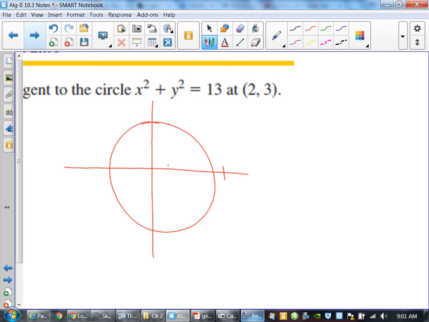So there's 3, 2, 1. Everybody okay with that? Just to try to get an idea. And I want to be at 2 and 3.